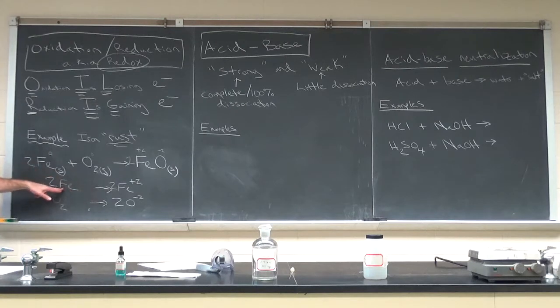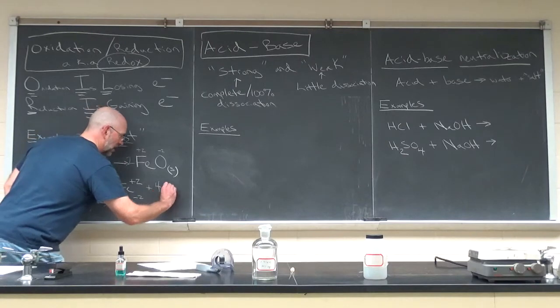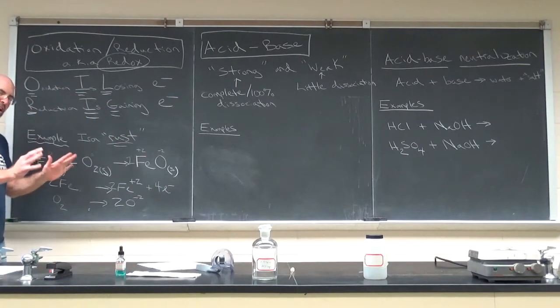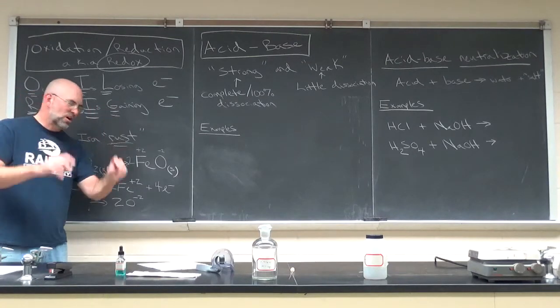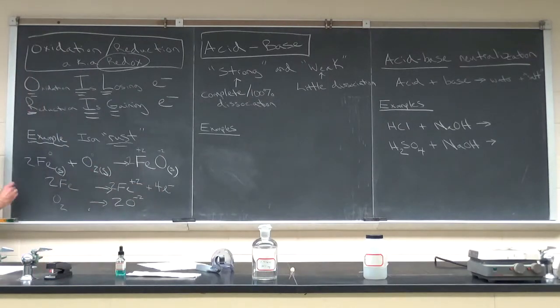So iron actually loses 2 electrons, but it happens twice. So we're actually losing 4 electrons here, 2 for each iron. And again, that's maybe more complicated than it needs to be. And when we say that you're losing electrons, they're written as a product. So this is actually oxidation.